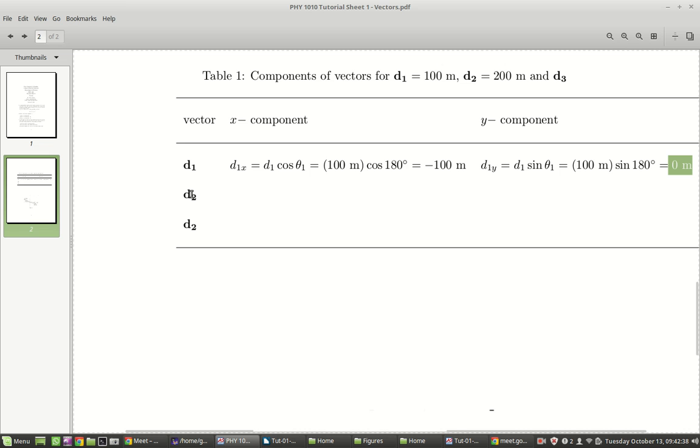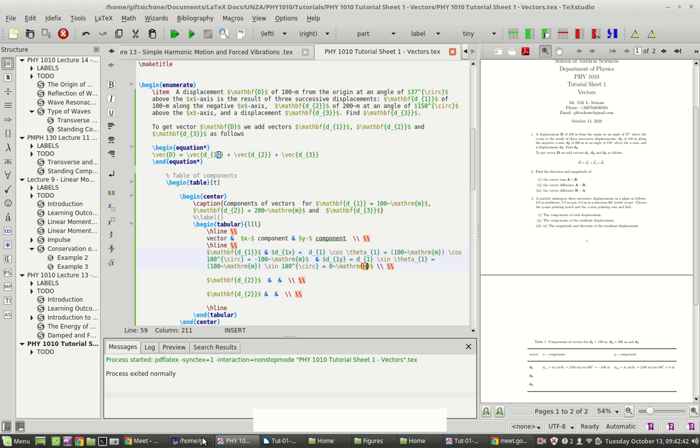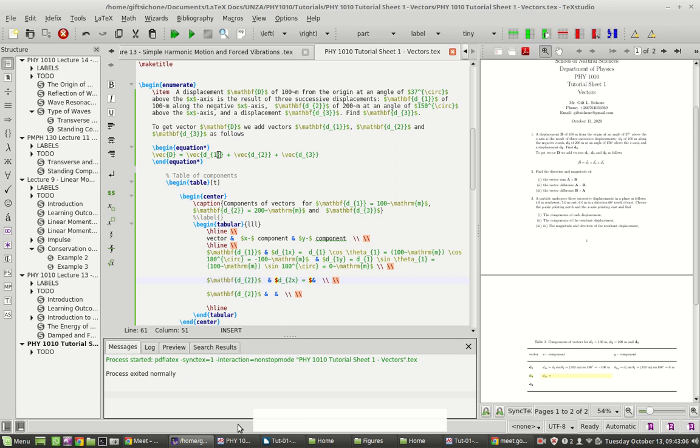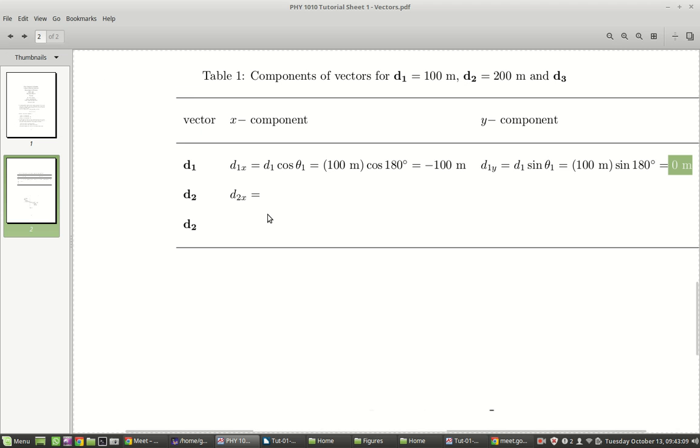Okay, now let's move on to d2. We need to find d2x. How do we get d2x? Just a minute, there's a mistake somewhere. How do we get d2x?